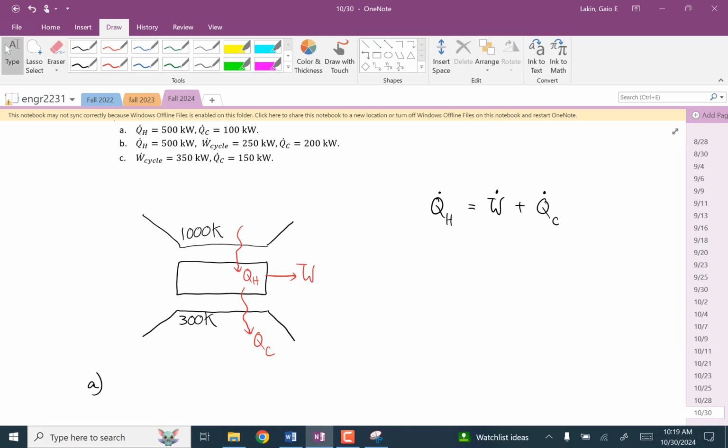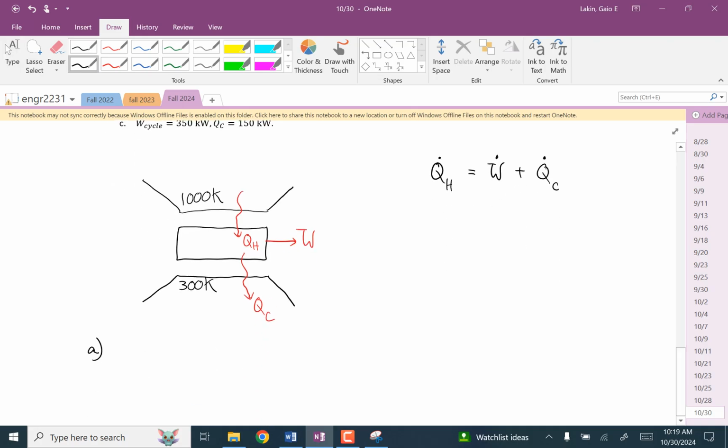So all we can use is the ratios. We know that the ideal efficiency is 1 minus QC dot over QH dot. And so that is 0.7.